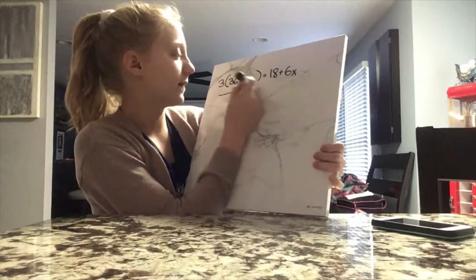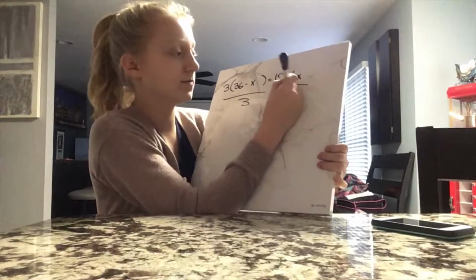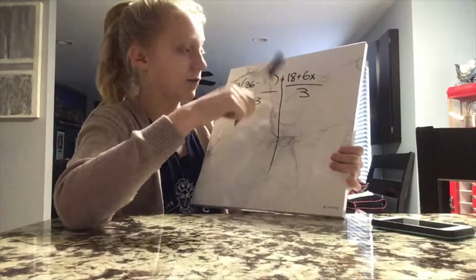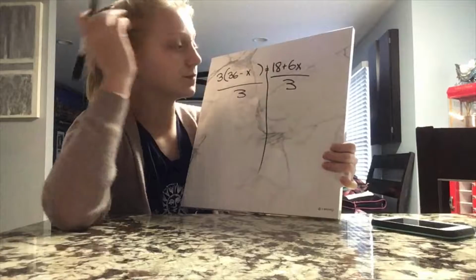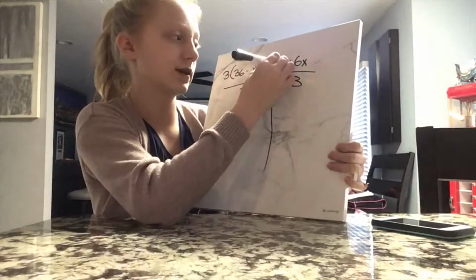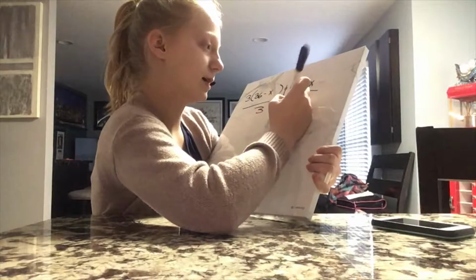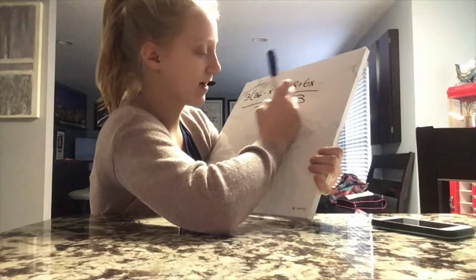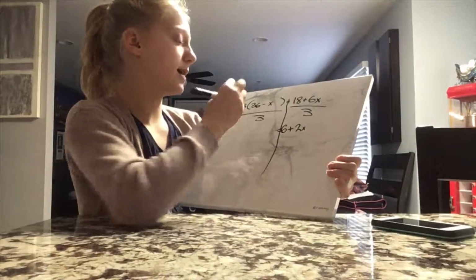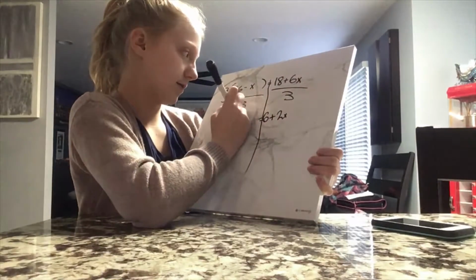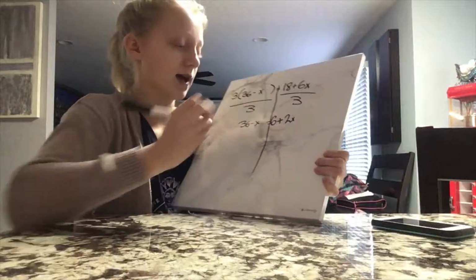I like to divide 3 by both sides, but you can distribute, whatever is easiest for you. If we're dividing 3 by both sides, you have to divide 3 from 18 and 6. So that would be 6 plus 2x, and then on this side, you could just get rid of the 3, and then it would be 36 minus x.